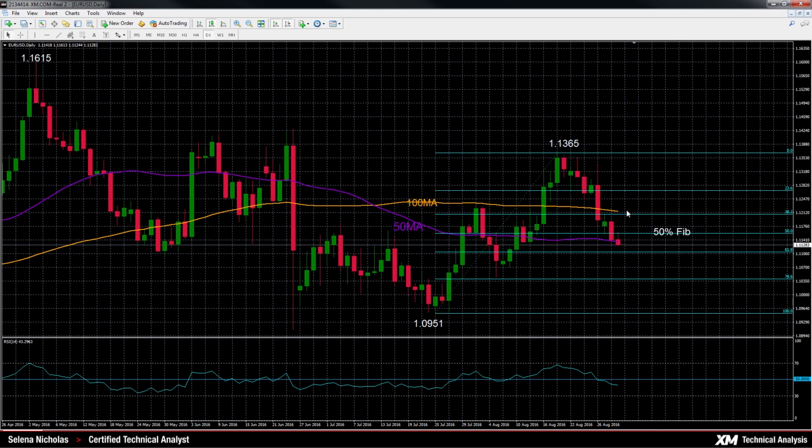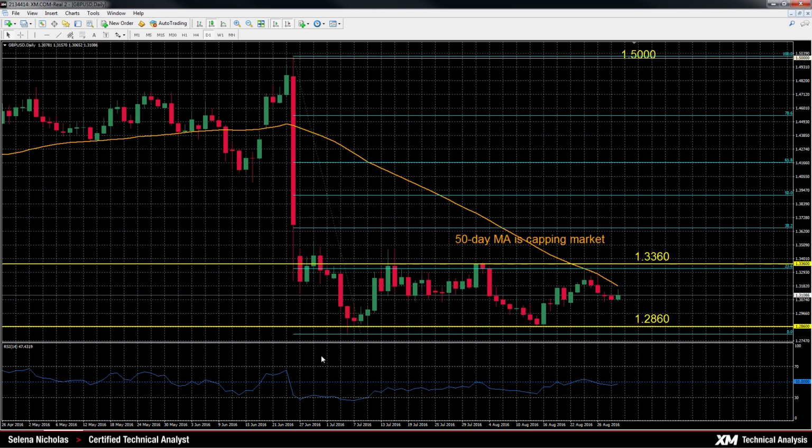this downside momentum. If we look at the pound dollar now on the daily chart, GBPUSD maintains a neutral bias. It had fallen from 1.5015 down to 1.2794, and since then we've had consolidation.